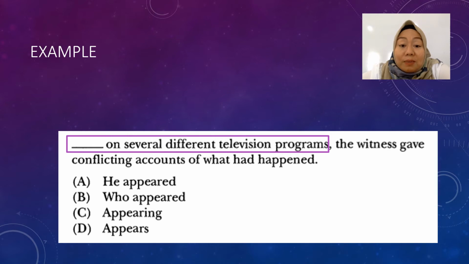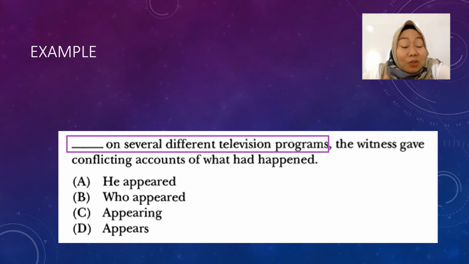We have one subject, the witness, and one verb, gave. So the sentence is complete already with one subject and one verb. In fact, it is not complete. If we want to have another clause, then we need a clause connector, subject and verb. And there is no connector, subject and verb here. So this is probably a reduced form.